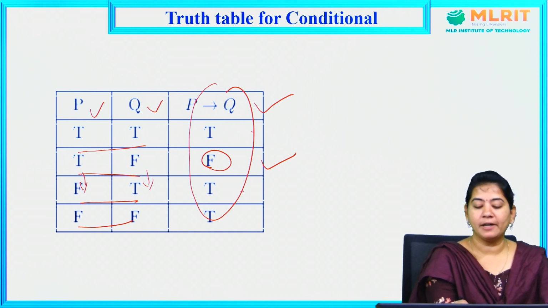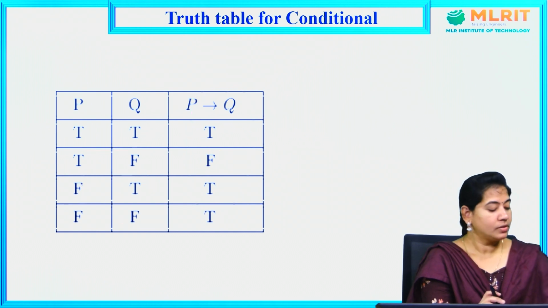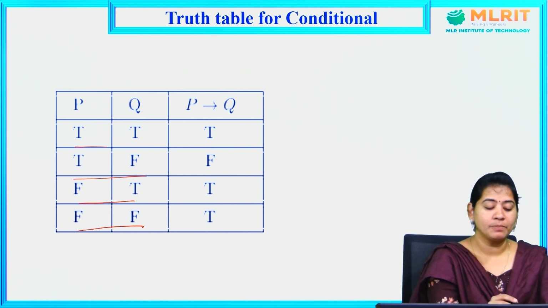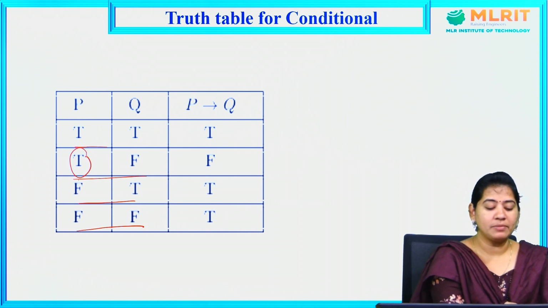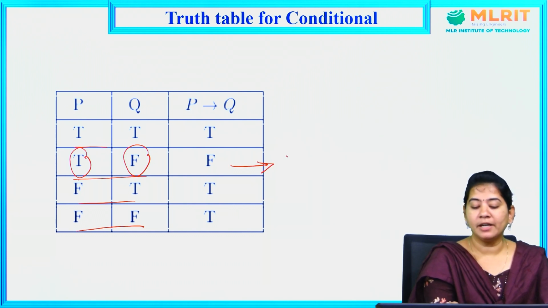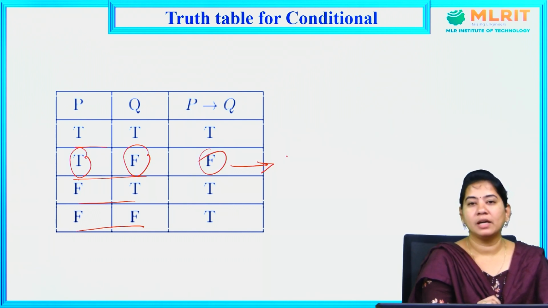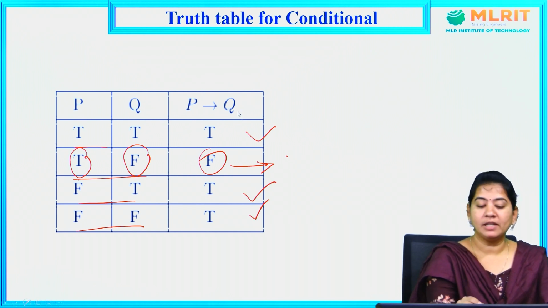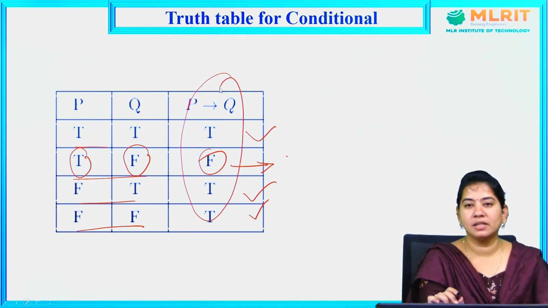Otherwise it becomes true. Out of the four combinations, the second row has the first statement true and the second false, and in this situation the resultant truth value is false. Otherwise, it is true. This is the condition to get the resultant truth value of the conditional statement.